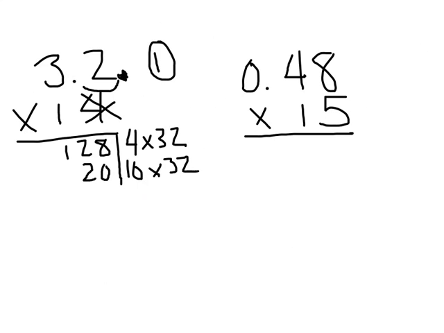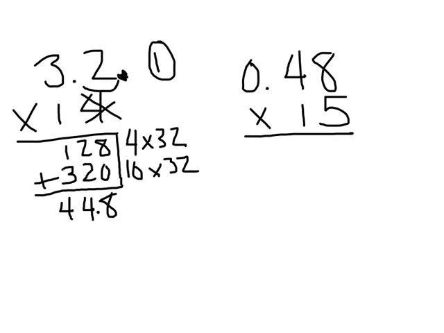What's 1 times 3? It's 3. Now I need to add my partial products. 8 plus 0 is 8. 2 plus 2 is 4. 1 plus 3 is 4. How many digits did I need to put behind the decimal? I needed to put 1 digit behind the decimal. The answer is 44 8/10.